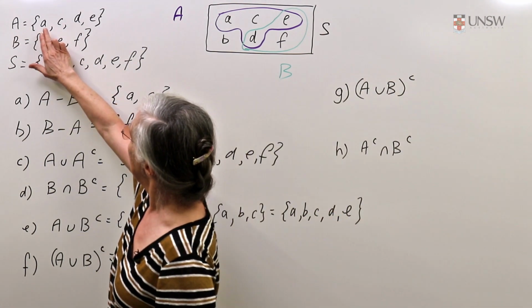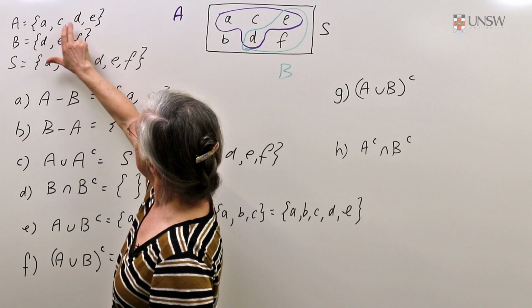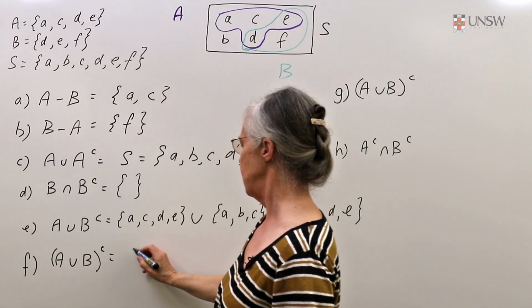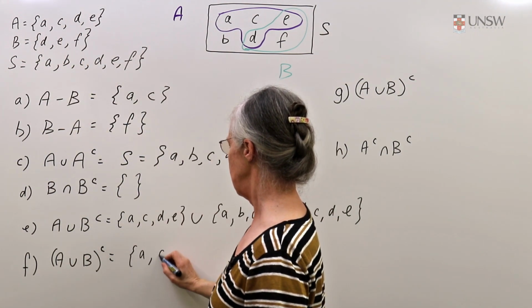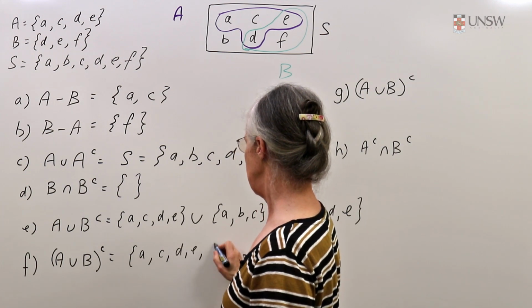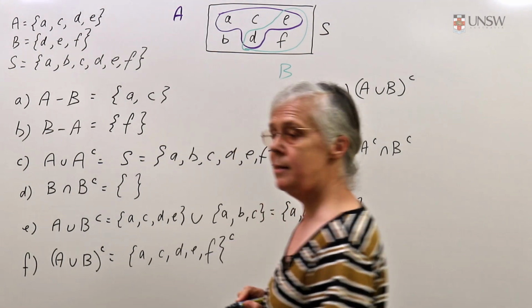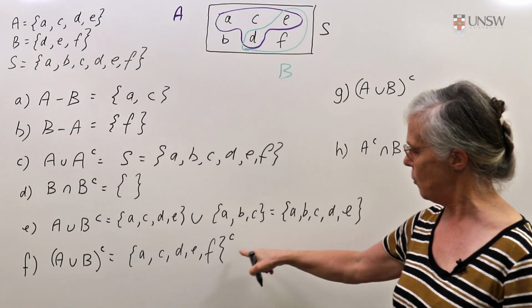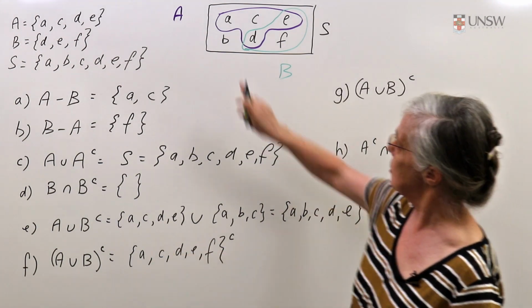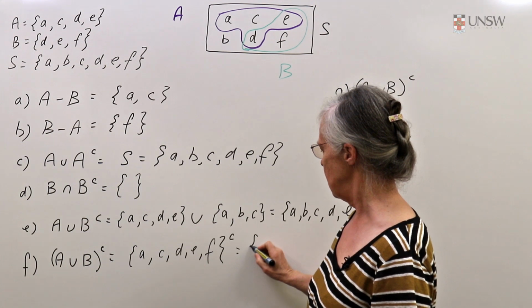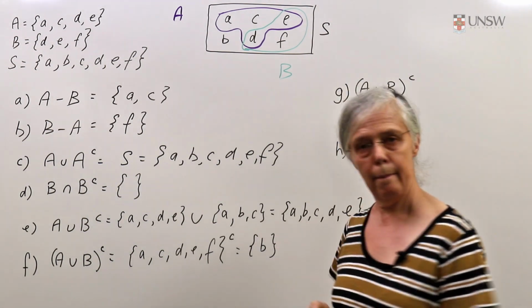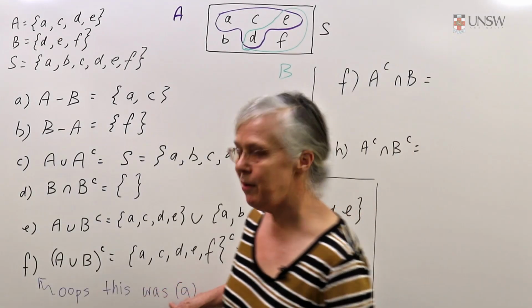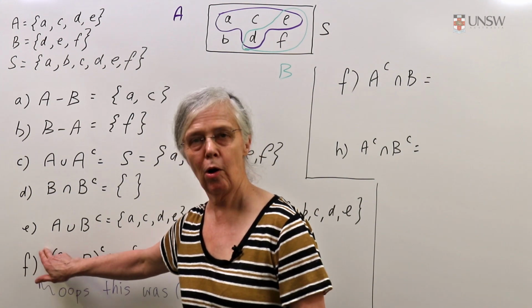That's going to be A, C, D, E and F. That's it, and then we take the complement. Everything in our universal set that's not one of those. The only thing left over is B. Well, that in fact was part G, not part F.